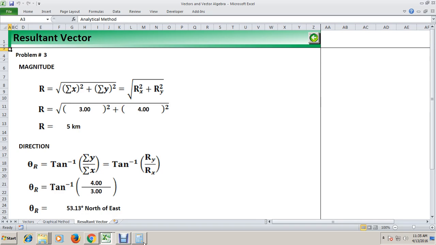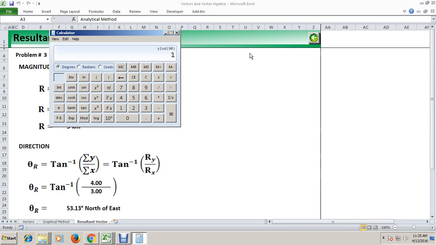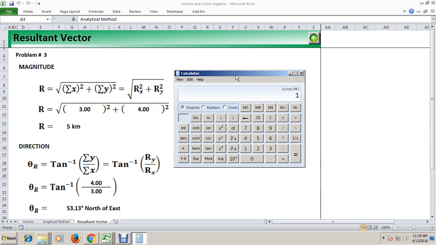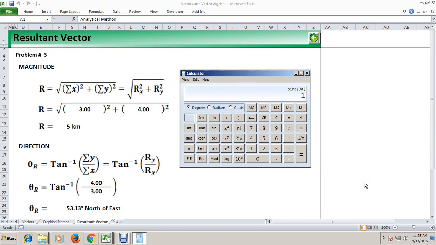So let's verify using the scientific calculator. Okay, so you have 4 divided by 3. This value we compute for the inverse tangent. So as you can see in the result, you have 53.13 degrees.